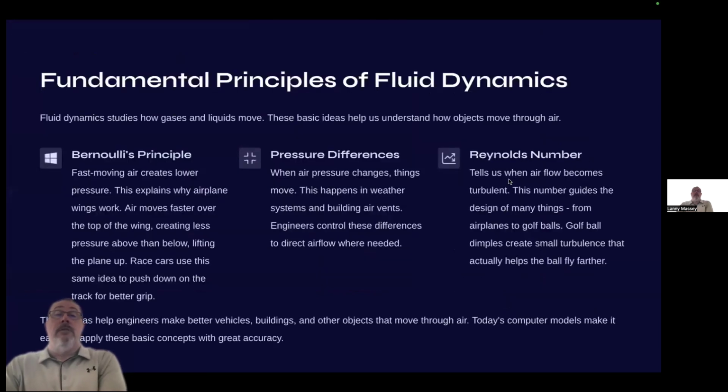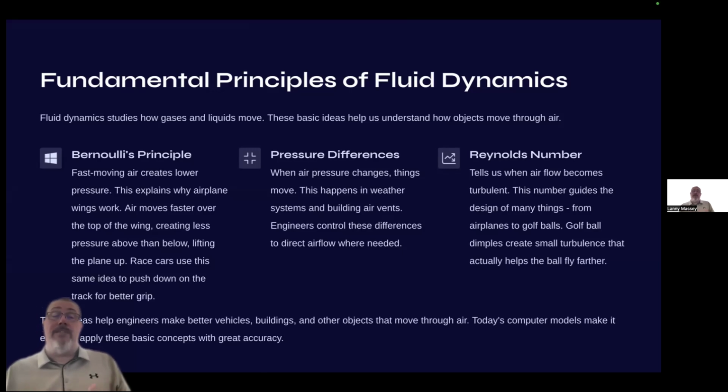All right. So, some fundamental principles of fluid dynamics. The first one is Bernoulli's principle, and we will talk about this in greater depth next week because next week is the Bernoulli principle presentation that I have planned. But Bernoulli's principle is just that fast moving air creates lower pressure.